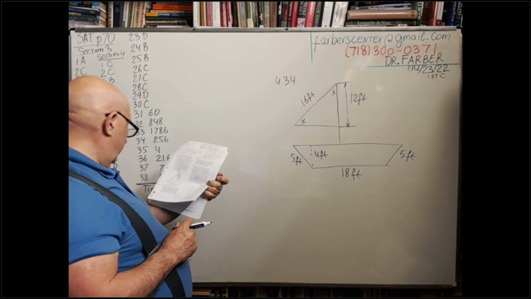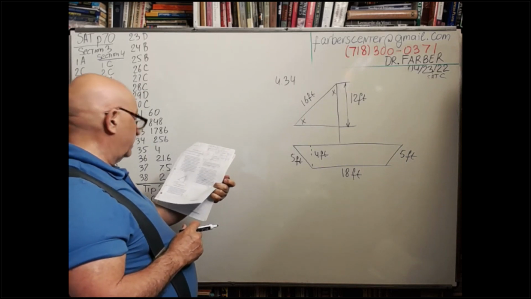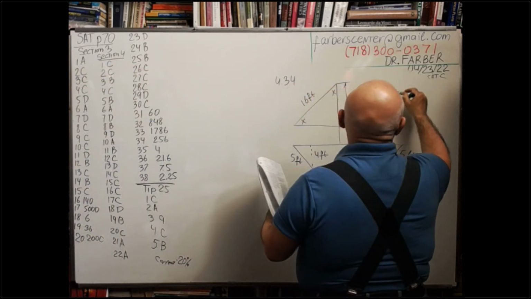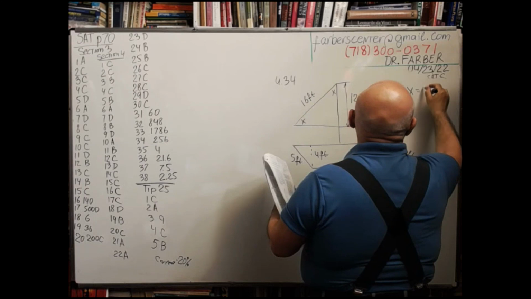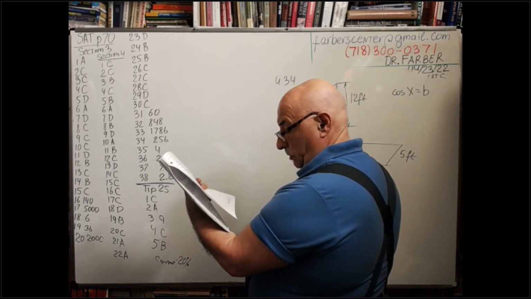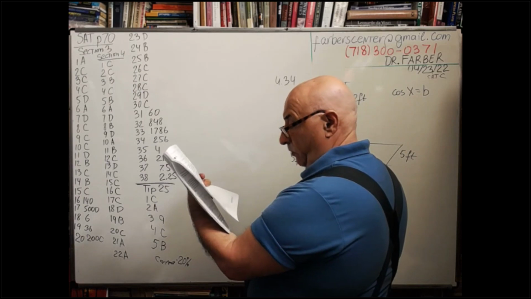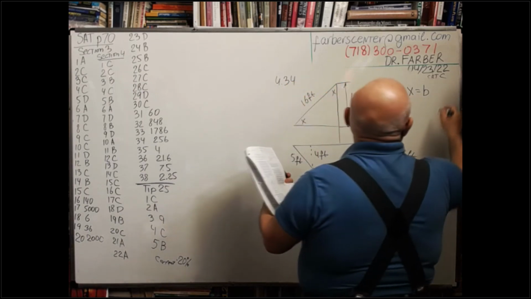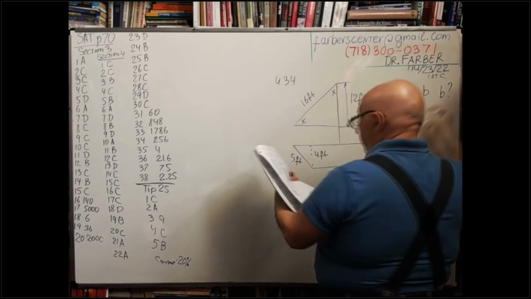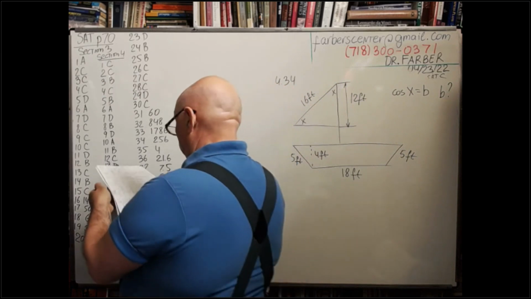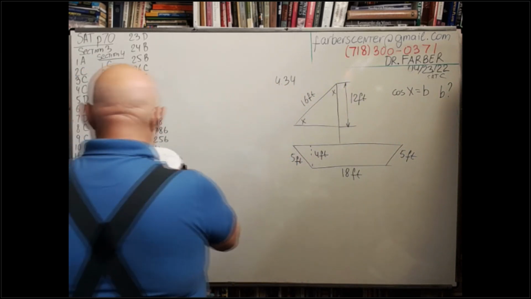The instruction indicates cosine of x equals b, but does not give the value of b. B is a question mark. What is the value of b?